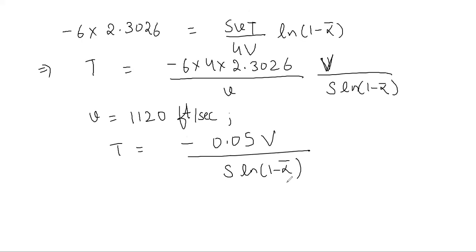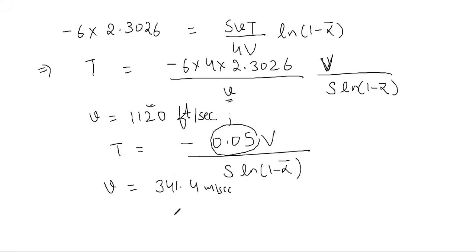And that is why, remember, while talking about Sabine's expression, I said that it matters if you are talking about the FPS system, foot pound and second, or you are talking in SI units, because the velocity of sound is there in this constant. If you take velocity of sound in meter per second, corresponding to 1120 feet per second, it comes out 341.4 meter per second, I think.